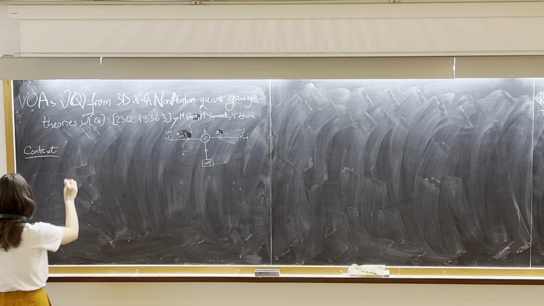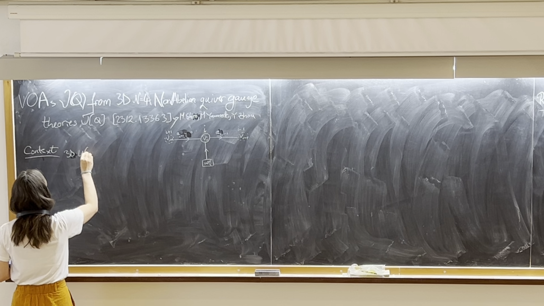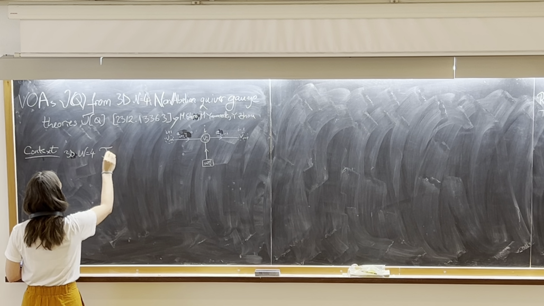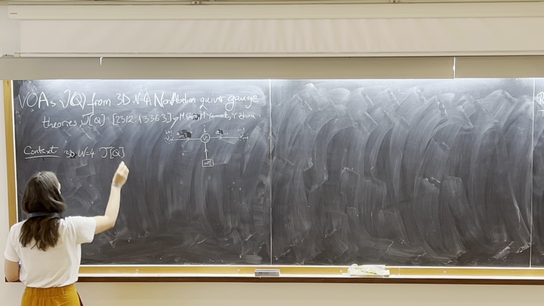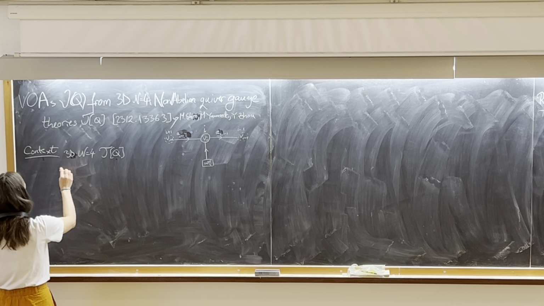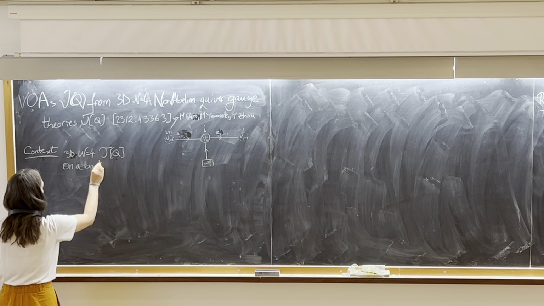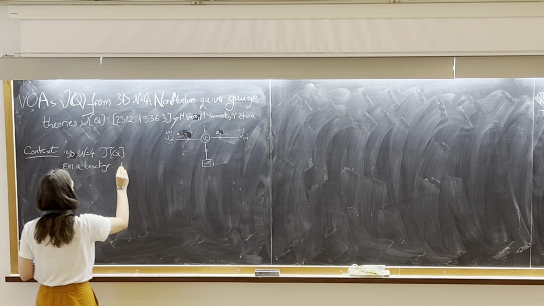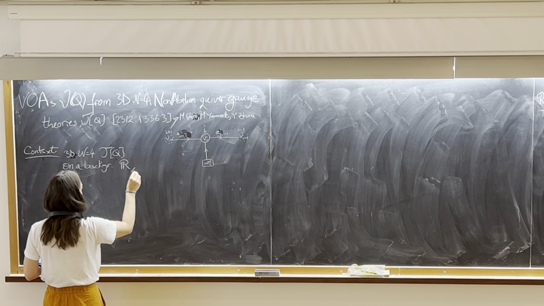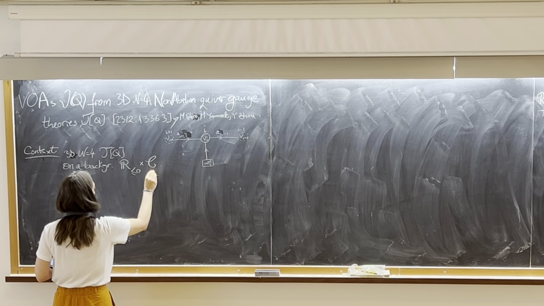So here, concretely, the 3D theories that we have in mind are 3D N=4 theories T of Q that are associated to a quiver and which are on a background that essentially can be seen as a line times a holomorphic curve.